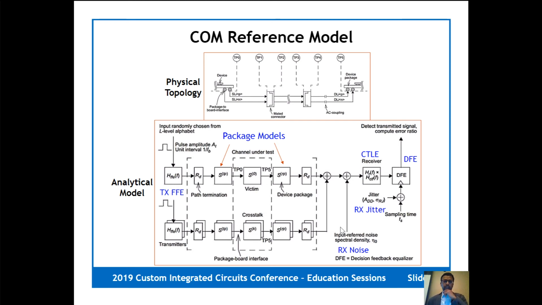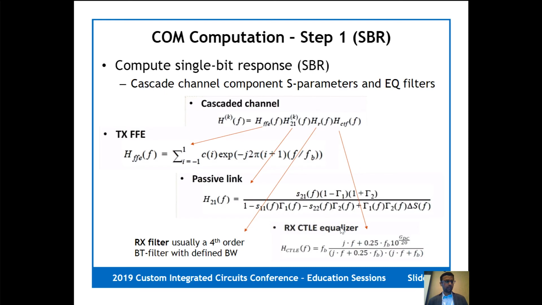So the computation of COM, once you have the reference model, is a 3-step process. The first step is computing what's called the single bit response, which is essentially the response you see on the receiver if you send a single pulse, one UI pulse, on the transmit side.